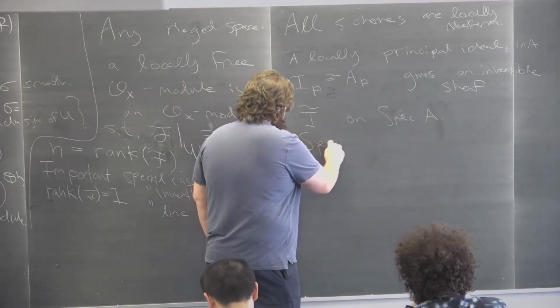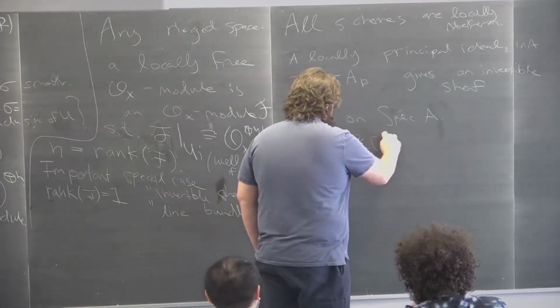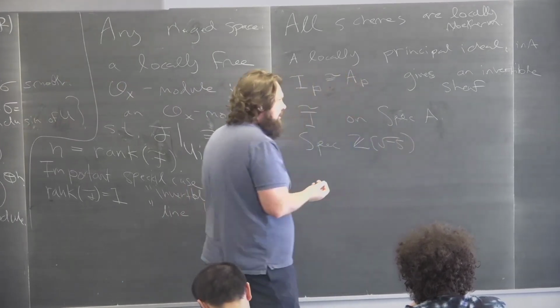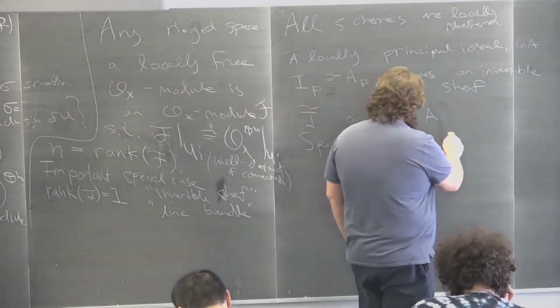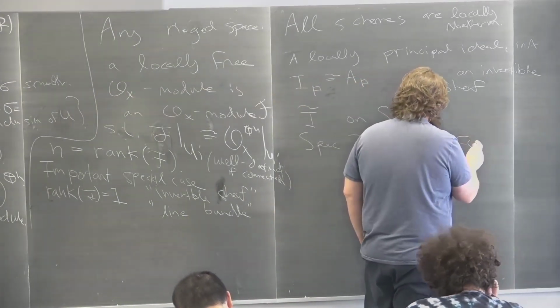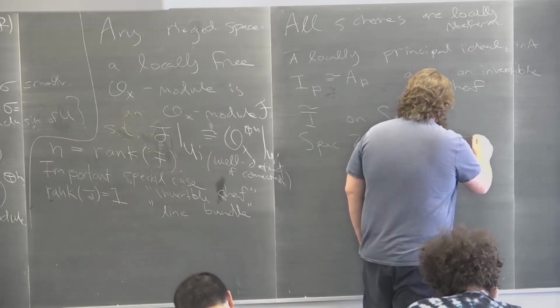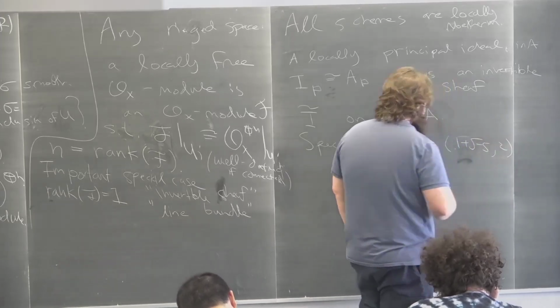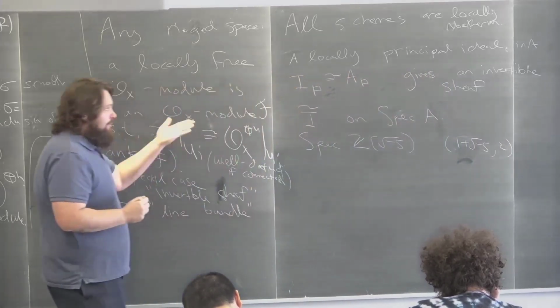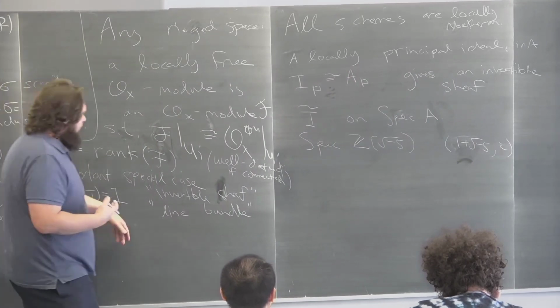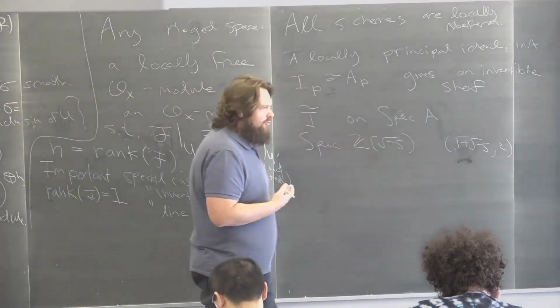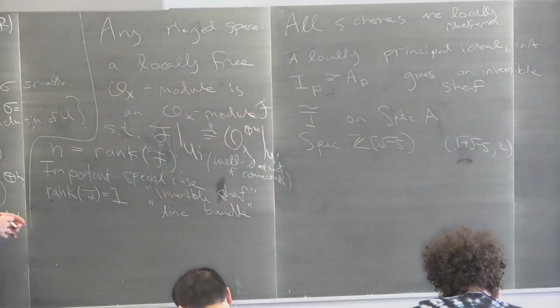If I look at Spec of Z adjoining the square root of -5, the ideal generated by 2 and 1 plus the square root of -5 gives me an invertible sheaf on this affine scheme which is not trivial. It's not just a copy of the structure sheaf. It's some different, interesting line bundle.